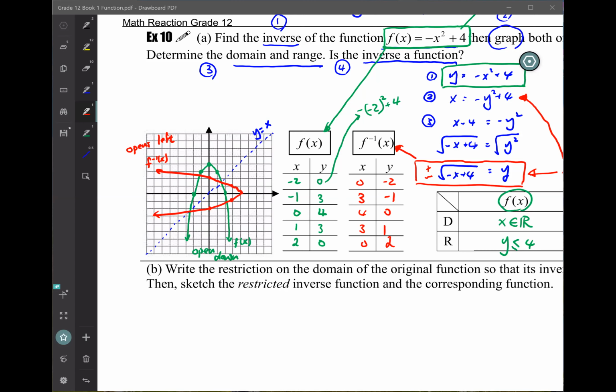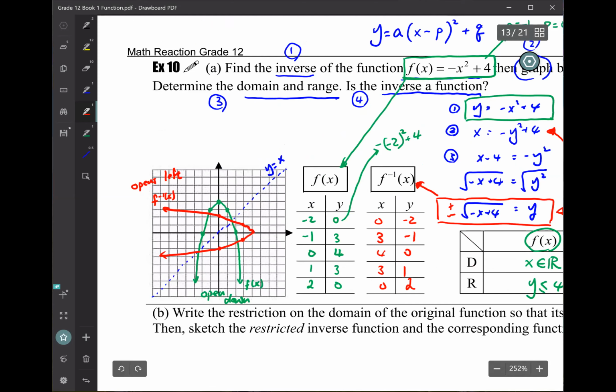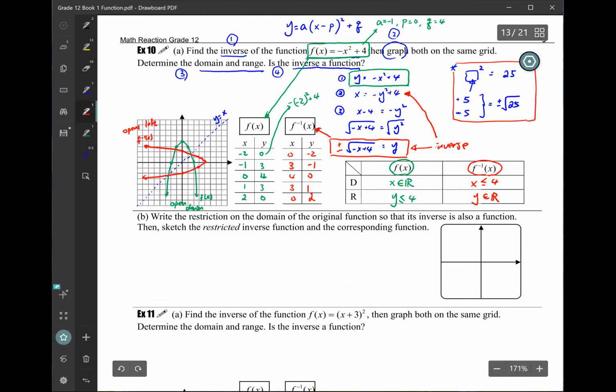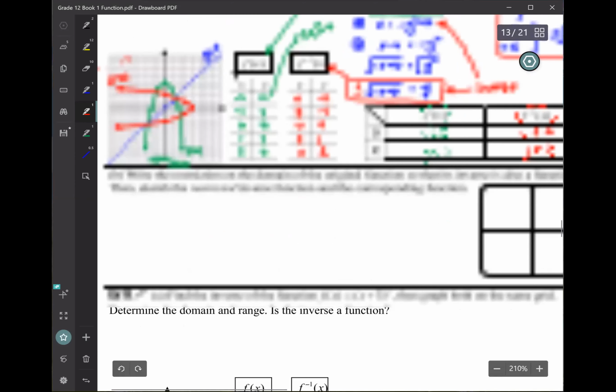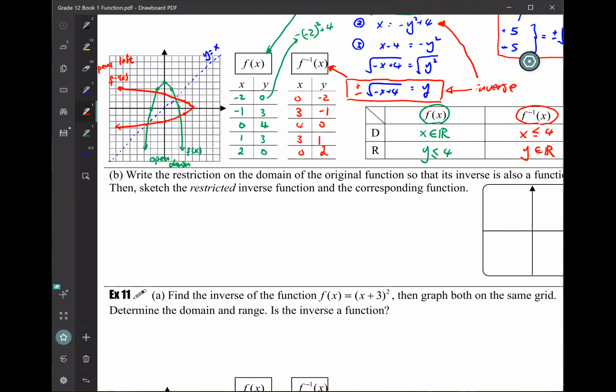So we call that the vertical line test, okay? So let's write it on the side if you forgot. I don't have space there, so I will write it down here. So vertical line test for function.